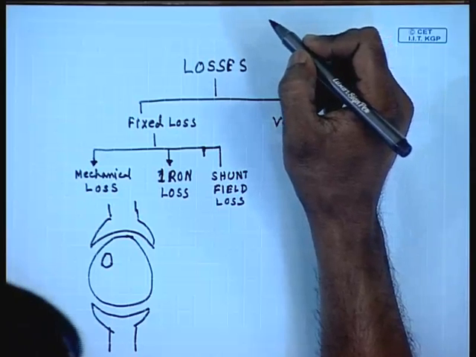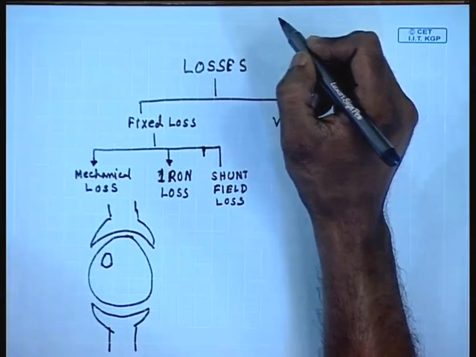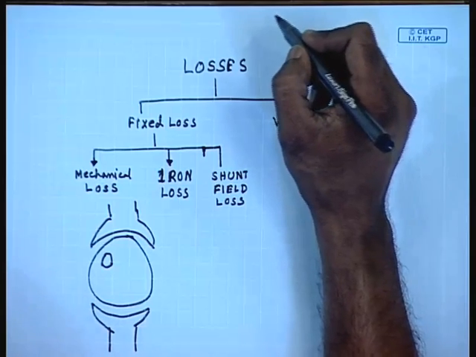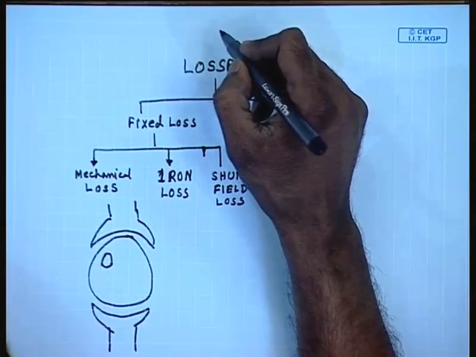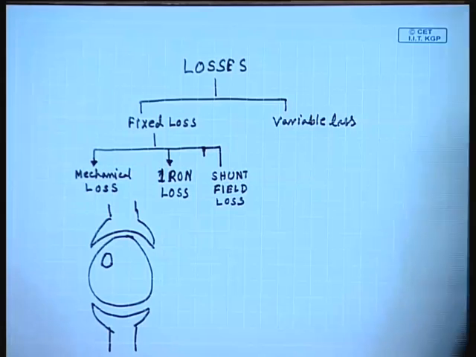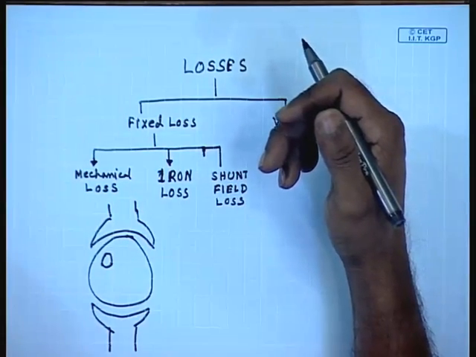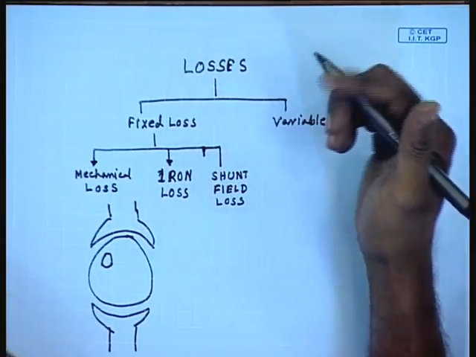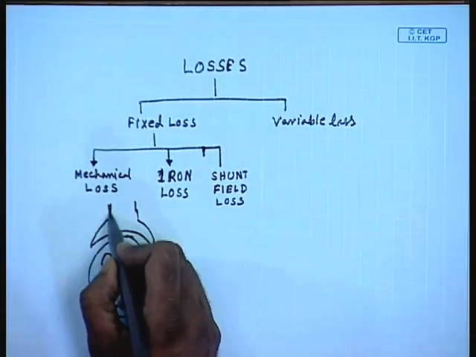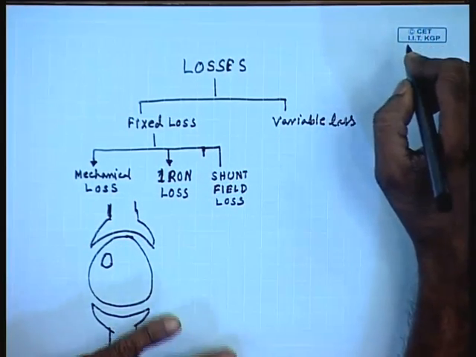Therefore, there is some iron loss present in a DC machine. The iron loss is mostly due to hysteresis and eddy current loss. Hence, it has the effect of producing an opposing torque on the motion of the machine. Hence, sometimes it is represented as a part of mechanical loss.